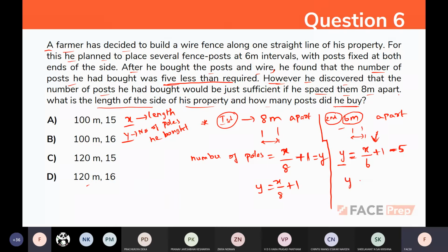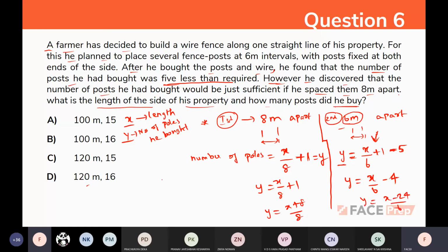Okay, so I am adding like this, x by 6 minus 4. So we have two equations now. By solving them, we will get the answer. So we can write y equal to x plus 8 divided by 8, and y equal to x minus 24 divided by 6.